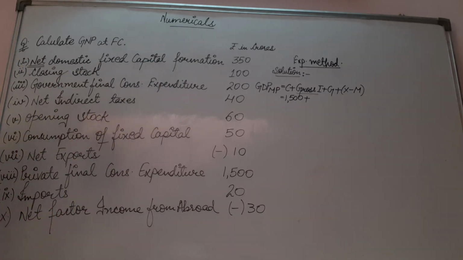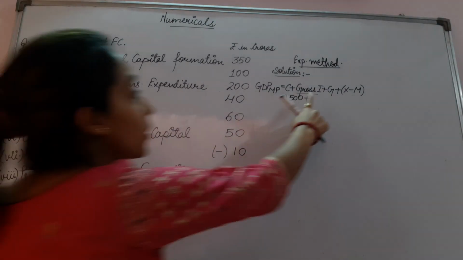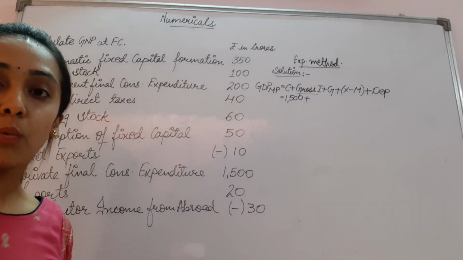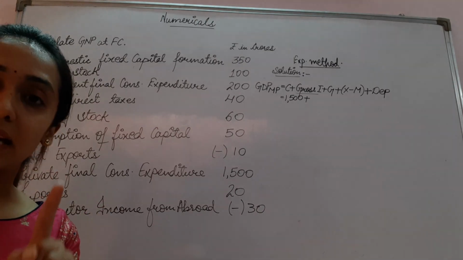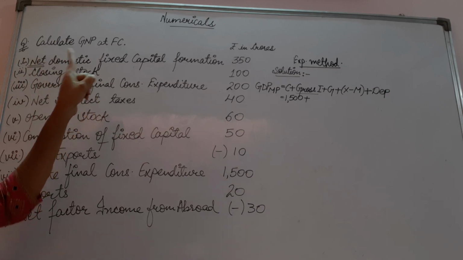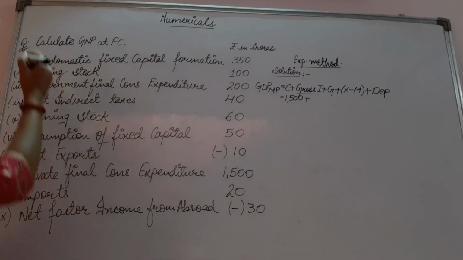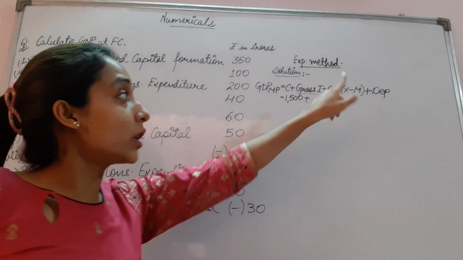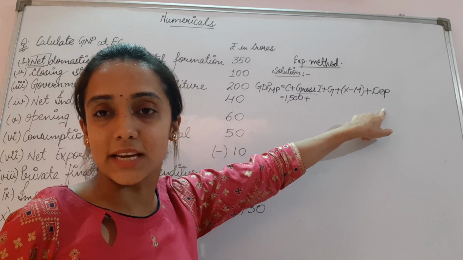First of all, if the word net is given in the question, what do we do? To make it gross, we will add depreciation, because it is given net domestic fixed capital formation. First we will solve net, what we have added is depreciation.